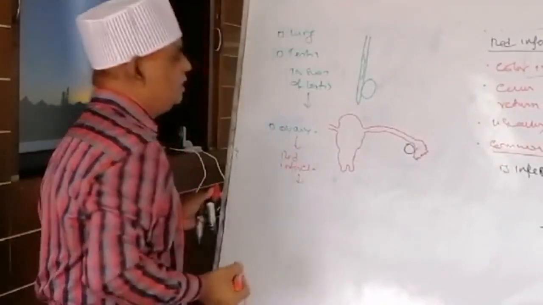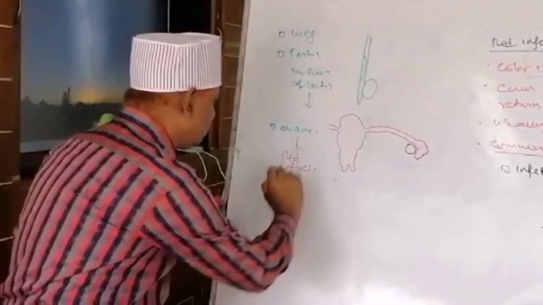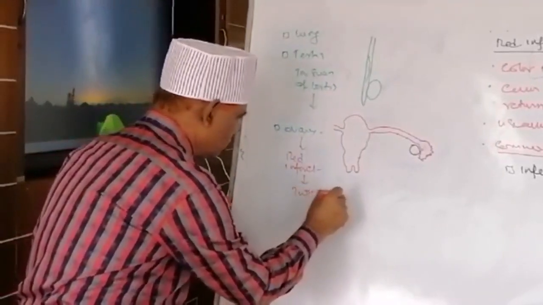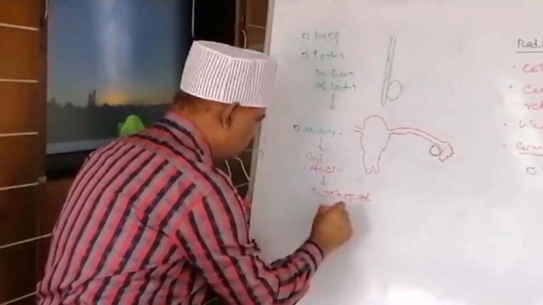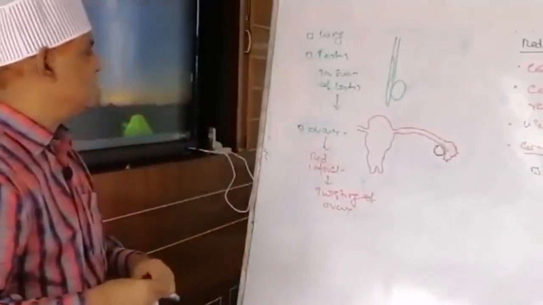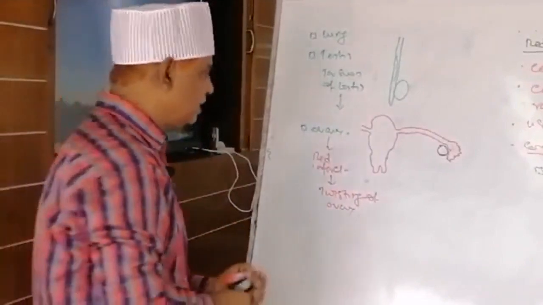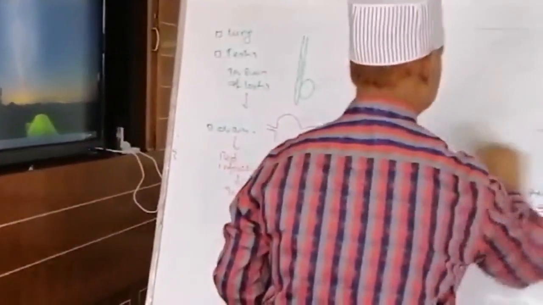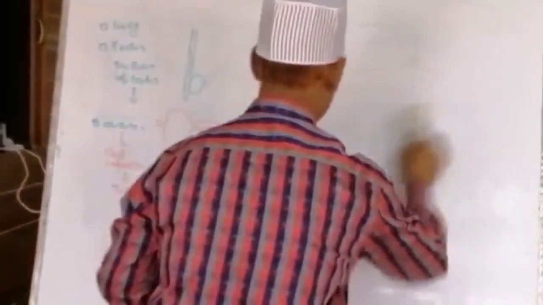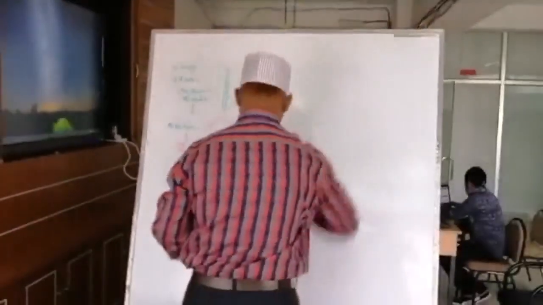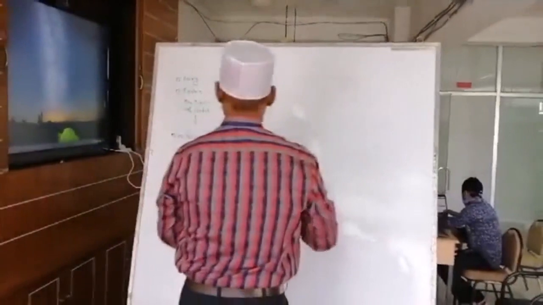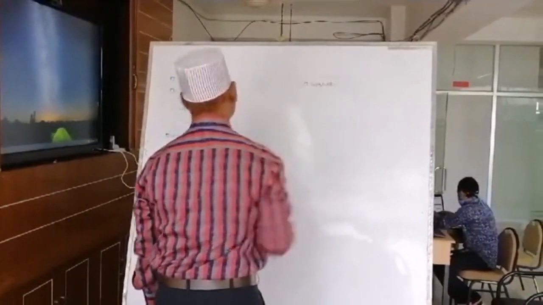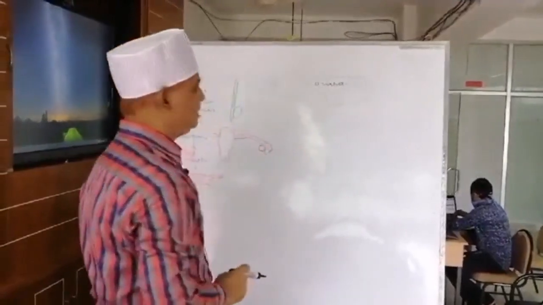When there is twisting of ovary, twisting of ovary is associated with red infarct in ovary. Another site is vulva. So these are the common sites of red infarct.